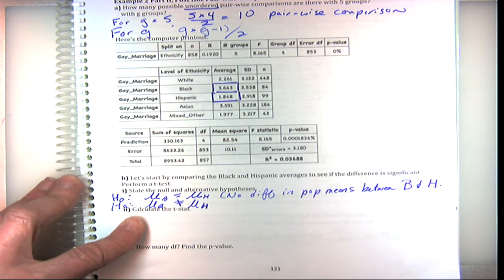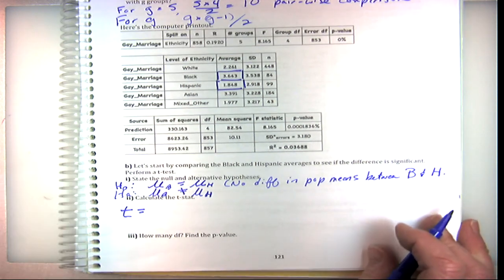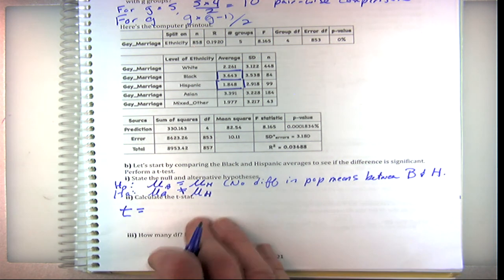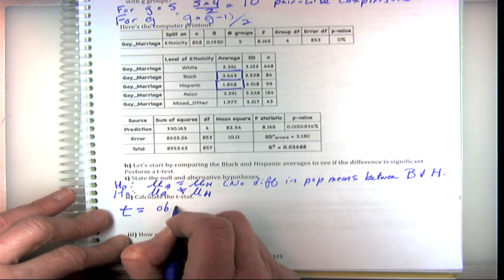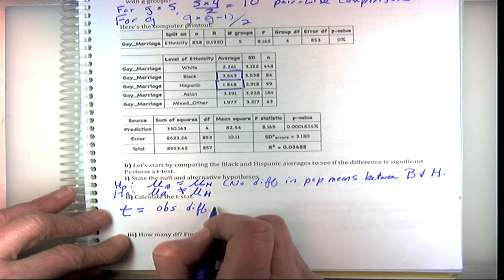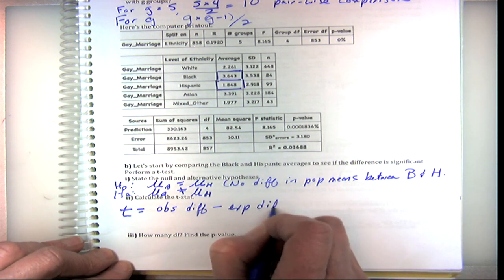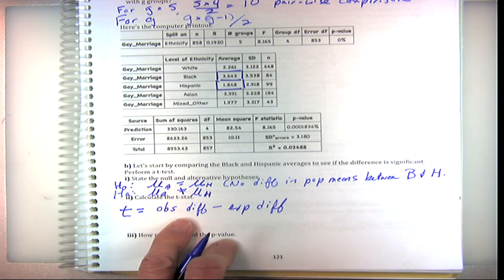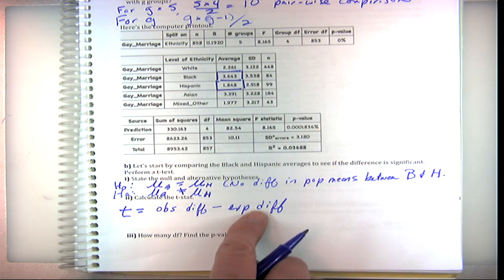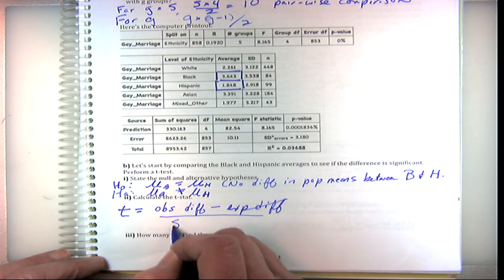So we're going to calculate a t-statistic, our usual t-statistic. We could do a z, but it's just not usually done. We'll just stick to the t's. The t would just be our observed difference between the two sample means, blacks minus Hispanics, minus the expected difference under the null, which is just 0, over our standard error for the difference.